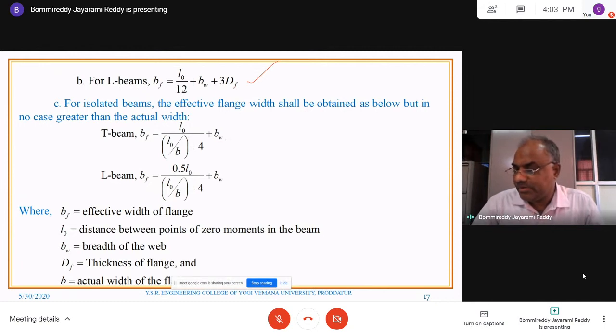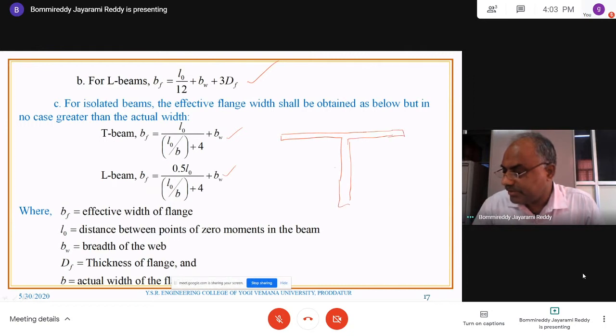And the third one is for isolated beams. What is the meaning of an isolated beam? Sometimes the beam may be used for, say, a cycle shed. This is the ground level, and below this it can be used for car parking, scooter parking or cycle parking.